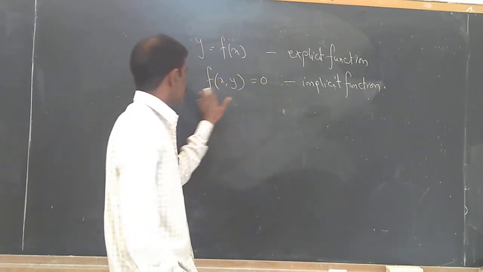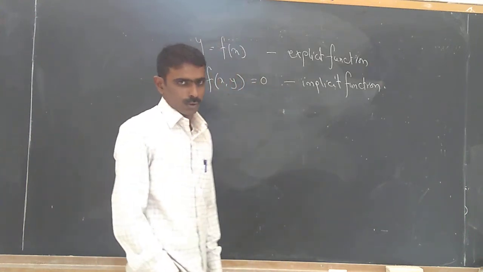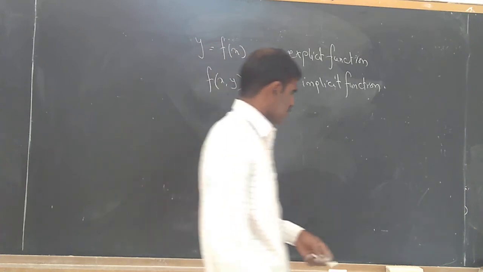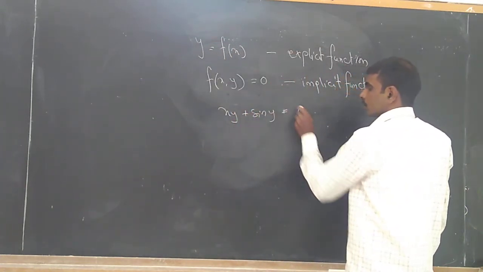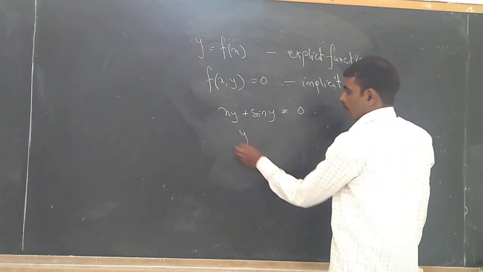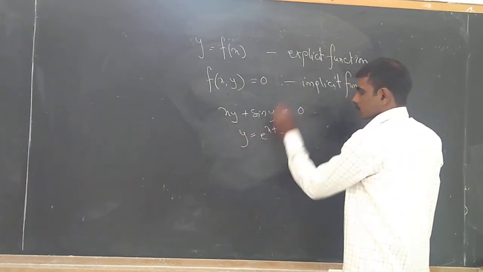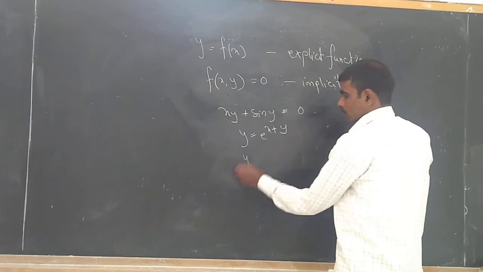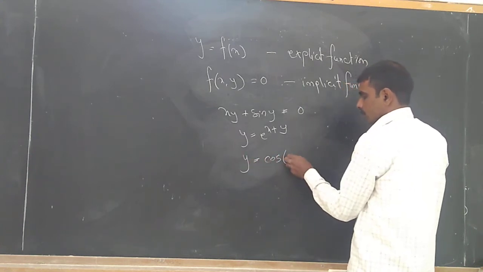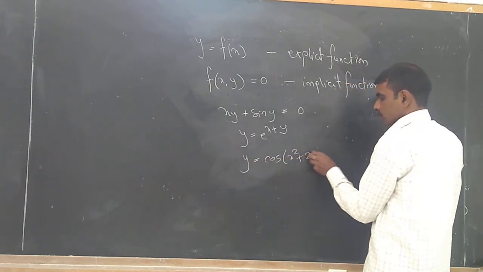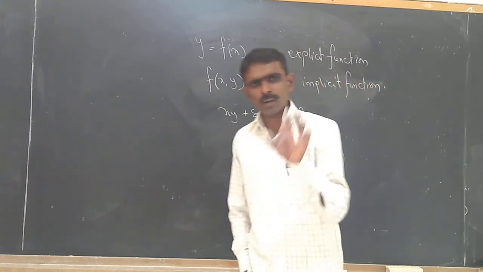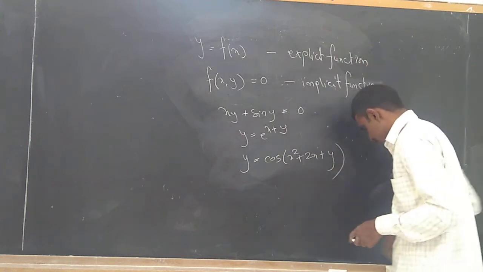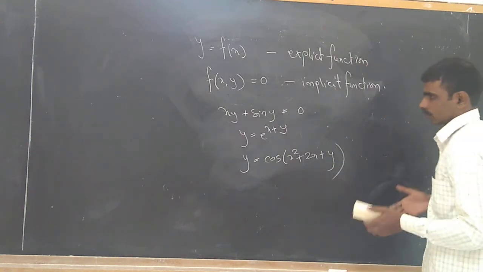Now examples: xy plus sine y is equals to 0, or y is equals to e raised to (x plus y). We can also take y is equals to cos of (x square plus 2x plus y), like that. One variable is not directly expressed, so it is a mixture type.